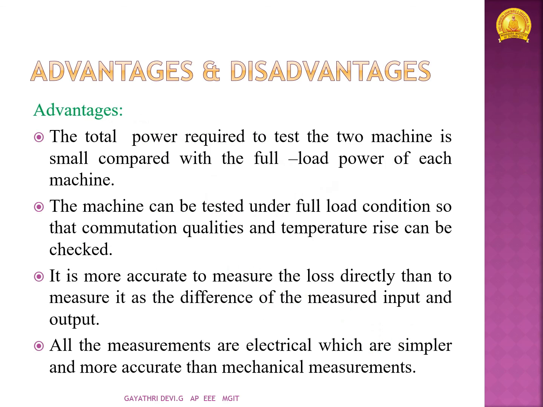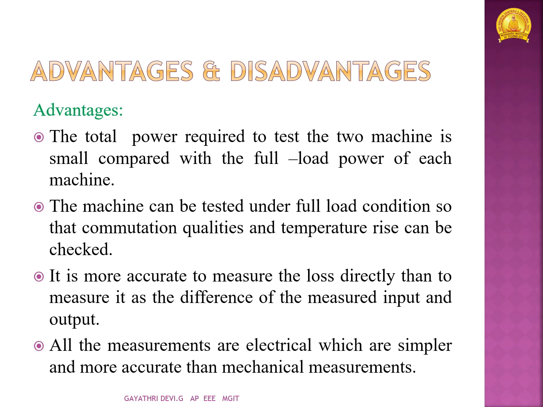Next, we go on to the advantages and disadvantages. The main advantage in the case of Hopkinson's test is that the total power required to test the two machines is small compared with the full load power of each machine. It is a regeneration test, so the total power required is almost constant for each machine.